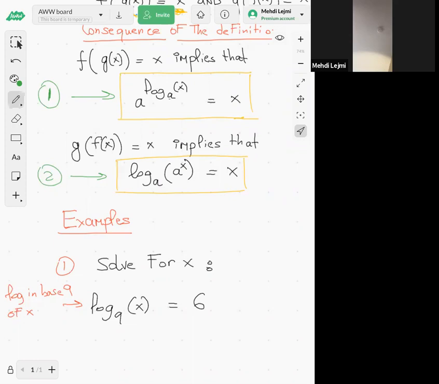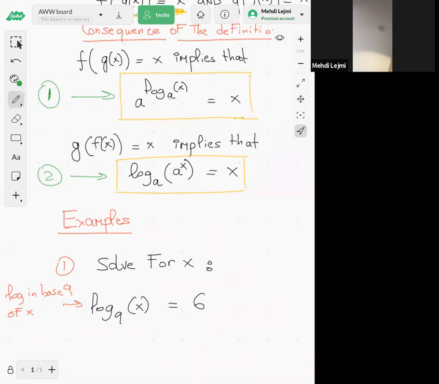What we have here is log in base 9 of x is equal to 6, and I want to solve for x. What does it mean to solve for x? It means that you want to get rid of the log and get the x. So how can I get rid of the log?